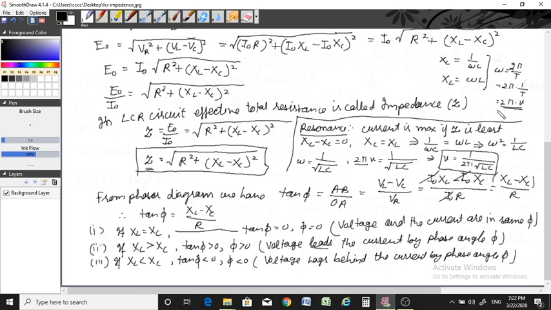So we have put the value of omega equal to 2 pi mu.